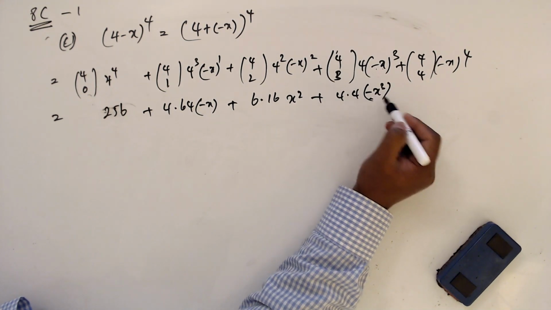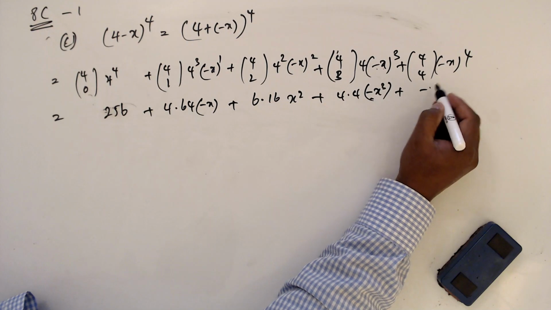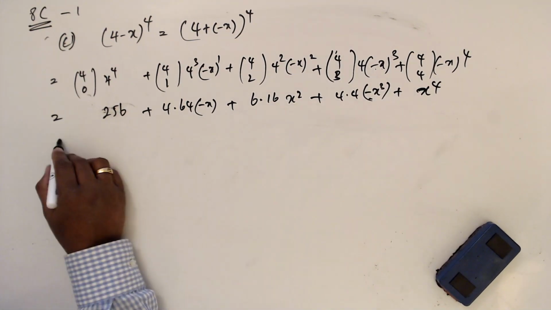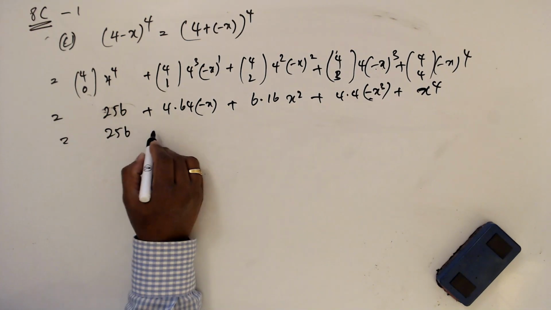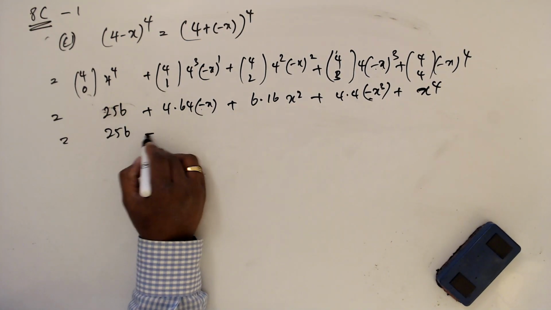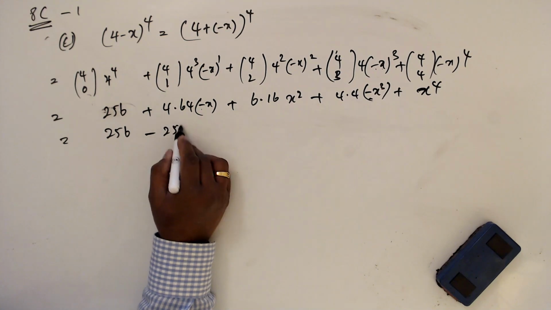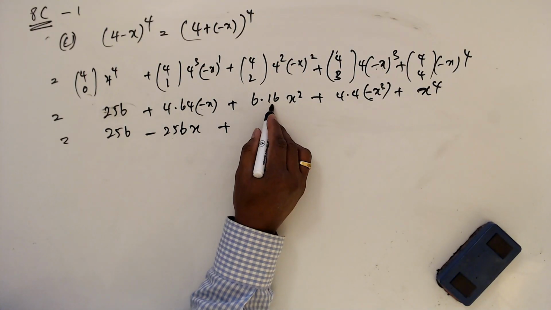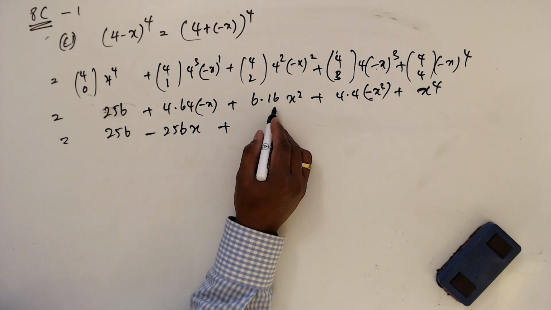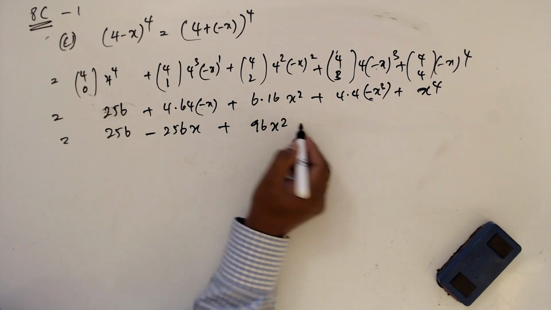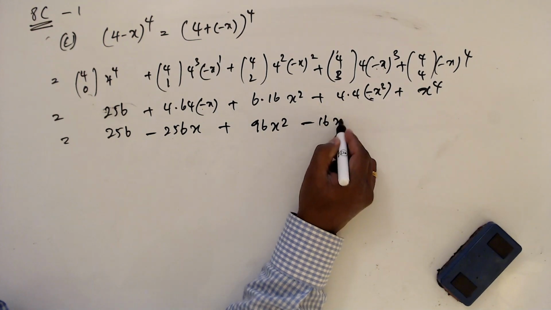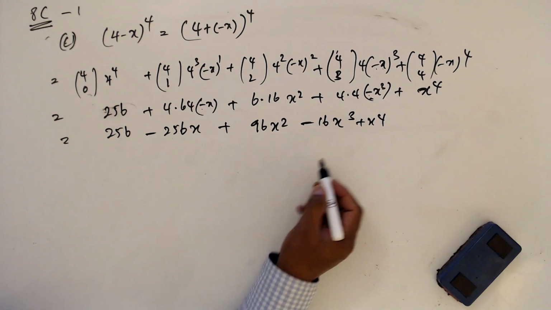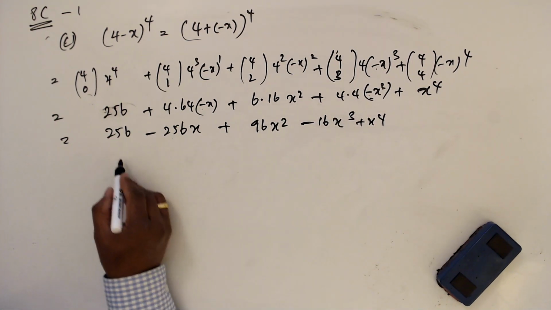This is minus x to the power 4 is x to the power 4. So 256. This value is minus 264 times 4, and then 16 times 16, that is 96x square, and this is going to be 16x cube plus x4, which is going to be minus.